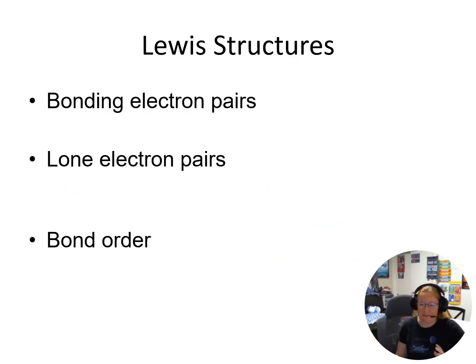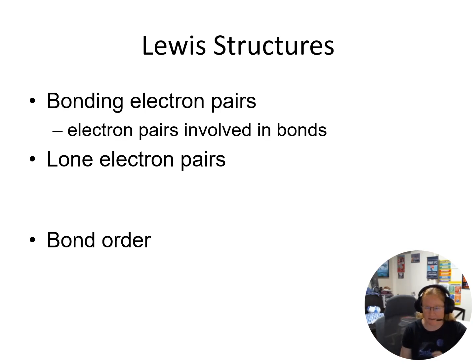So we have a few different things going on here. We have our bonding pairs, which are the pairs that are involved in bonds. With that chlorine example, let me color code this. With my chlorine here, I'll draw my bond in red.